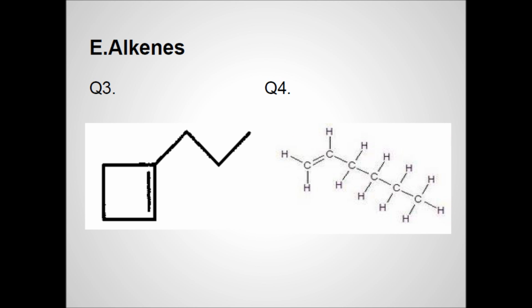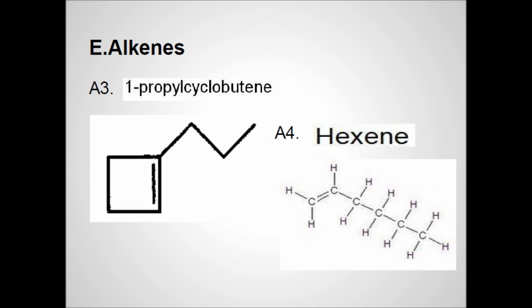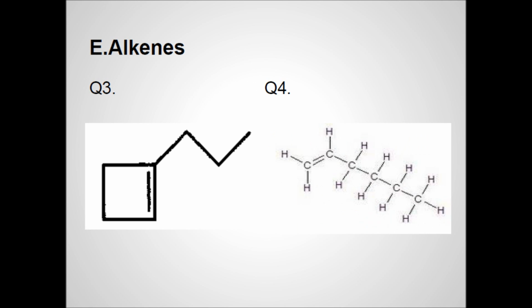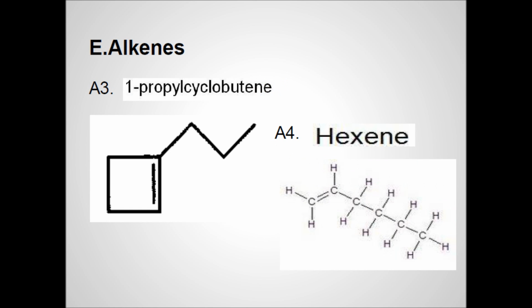The next one, find the parent chain first, then find the branch chain. Then it is going to be 1-propylcyclobutene. Find the parent chain, then find the branch chains. There is a double bond between the 1st and 2nd carbons, and it will be dihexene.